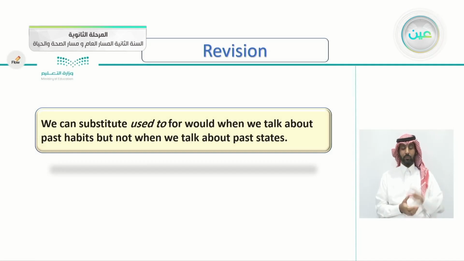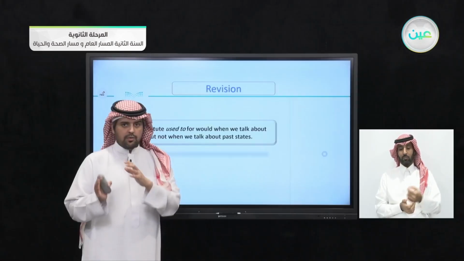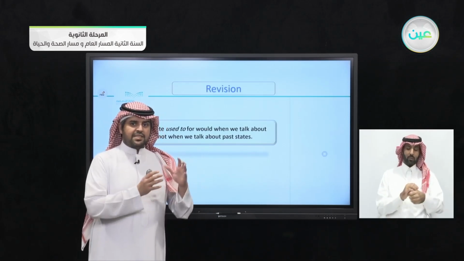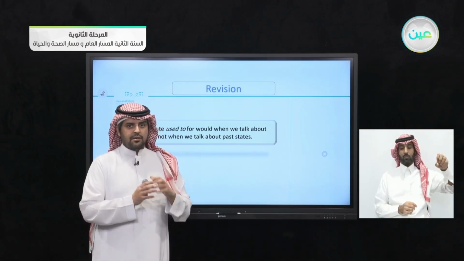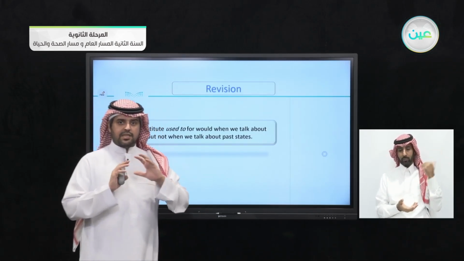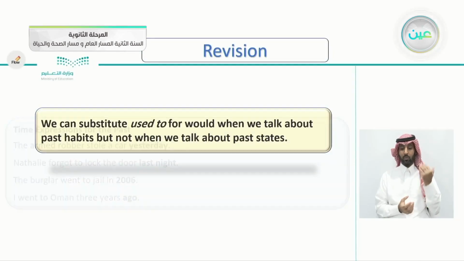We can substitute used to with would when you talk about past habits, but not when you talk about past states. You can put would instead of used to when you talk about actions, things that you did in the past.